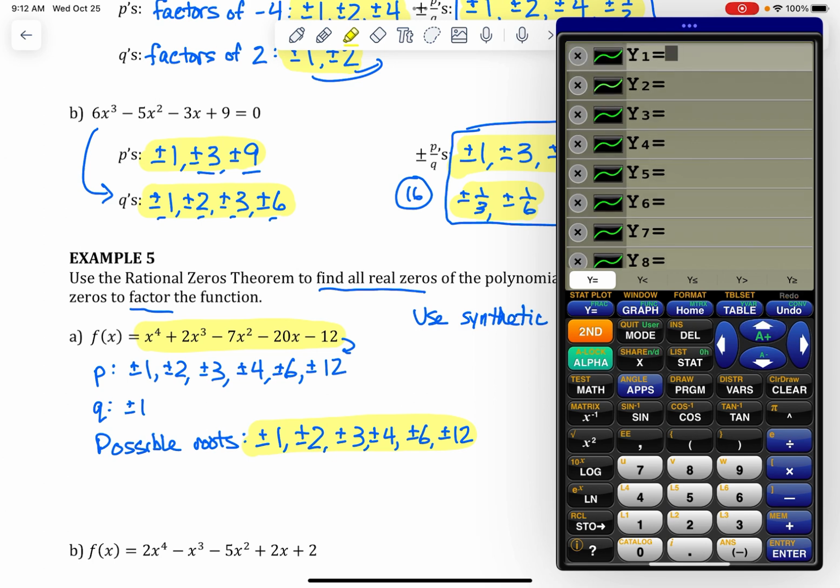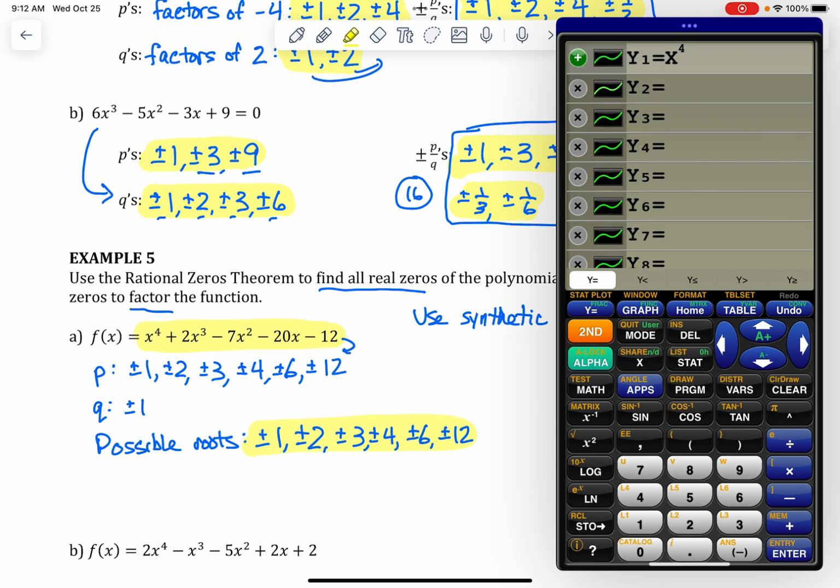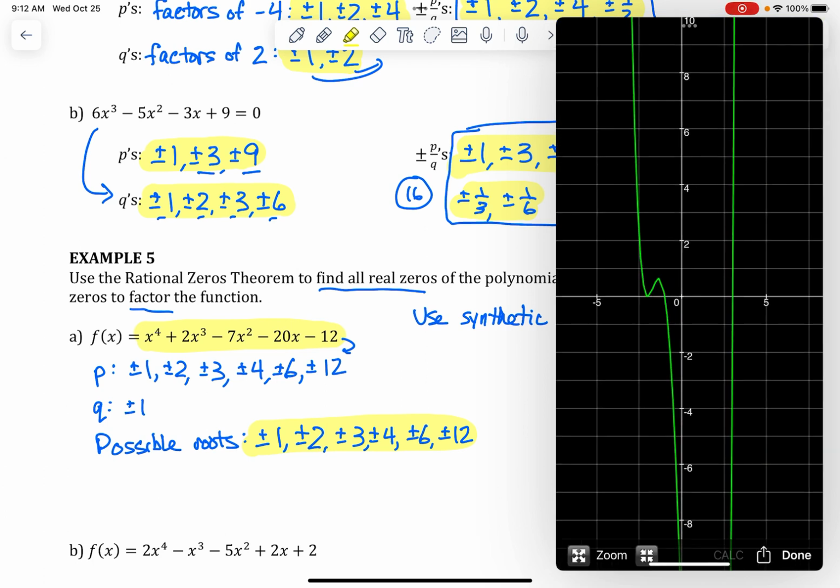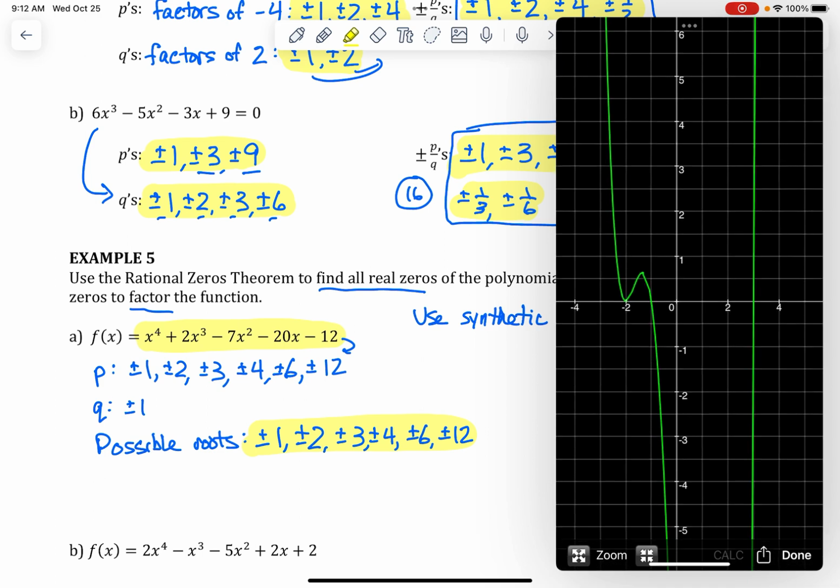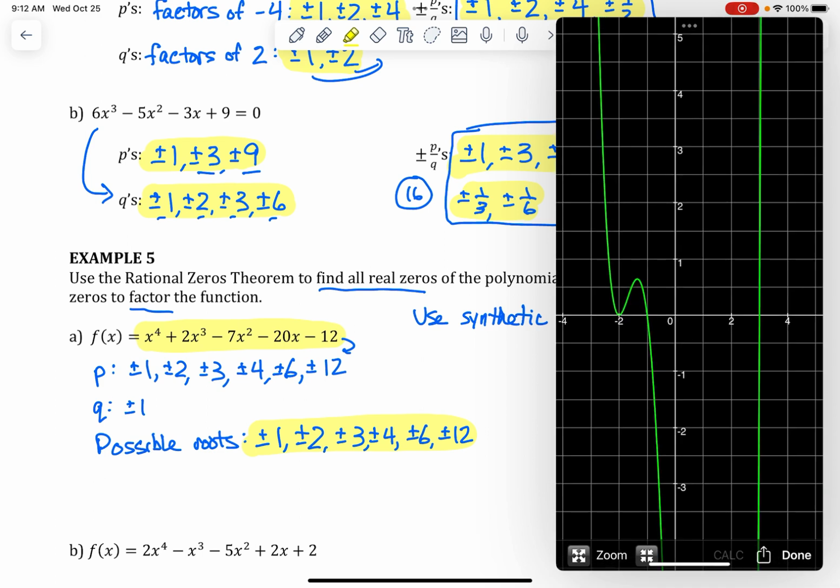Let's type in our function, x to the fourth plus 2x cubed minus 7x squared minus 20x minus 12. Okay, so we're going to graph that, and we can zoom in a little bit if we want, and we can see a couple things going on, right?